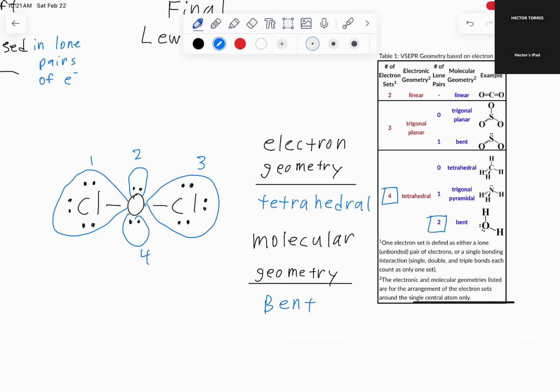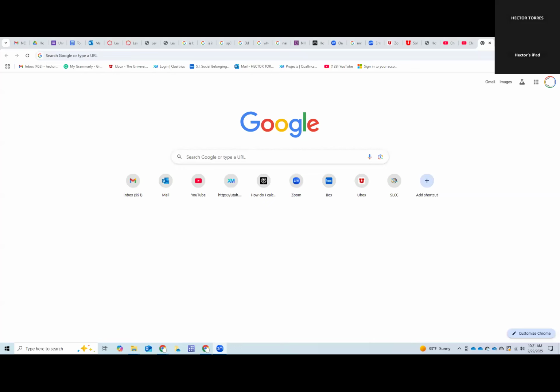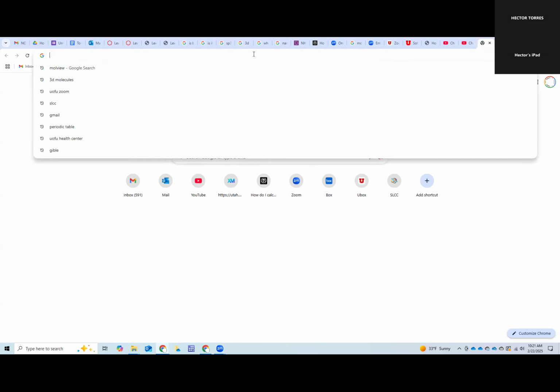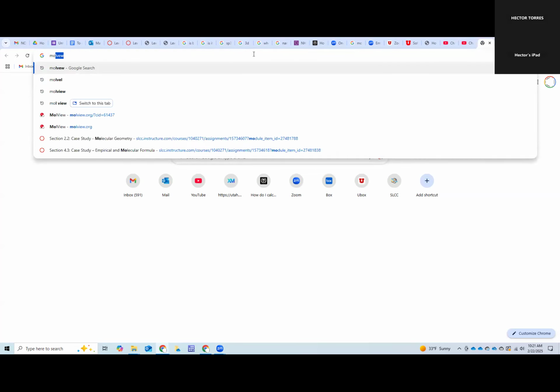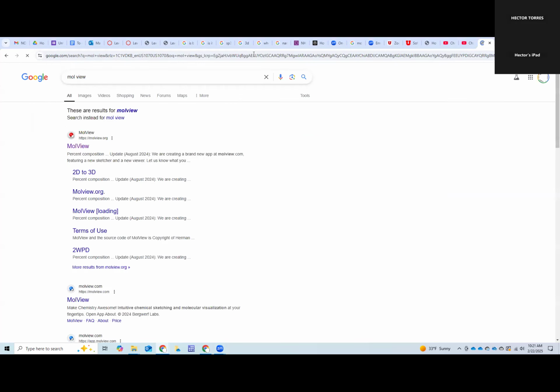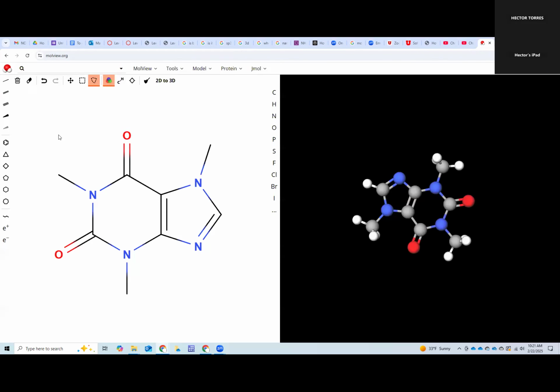The next step in the lab is going to be looking at this in 3D. I'm going to use an app to look at the 3D model, and I like the one called MolView. This one's really good. Okay, let's close the pop-ups.